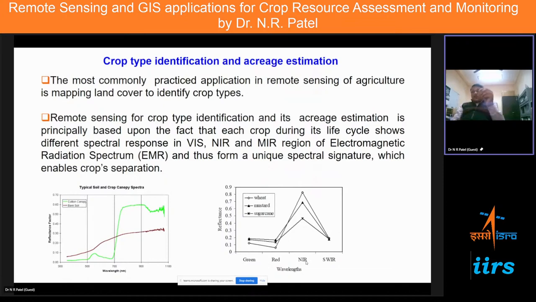Once solar radiation, meaning from the sun, falls on the different kinds of crop types, it interacts with the leaf color and phenology, also its color, shape, size, all those things. After the interaction of electromagnetic radiation with the different crop types, some amount of energy is reflected, absorbed and transmitted. This reflected energy is then detected.